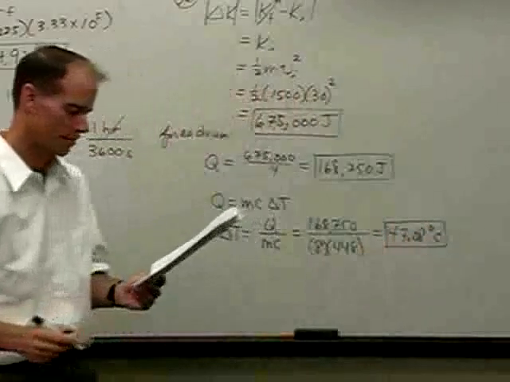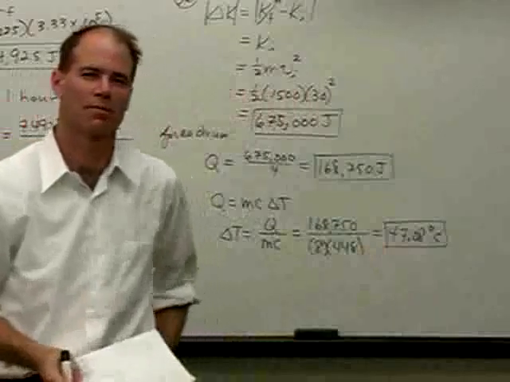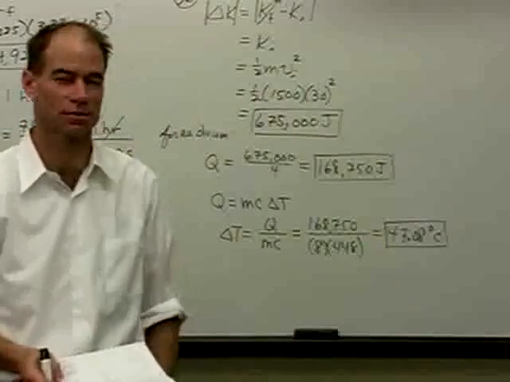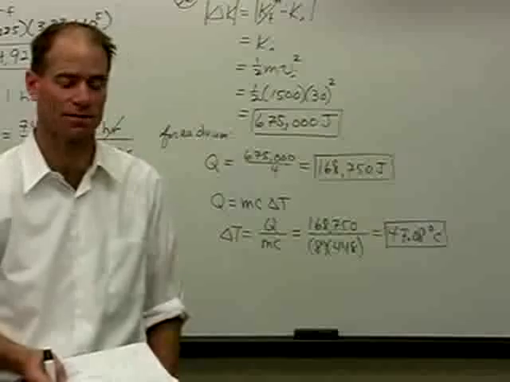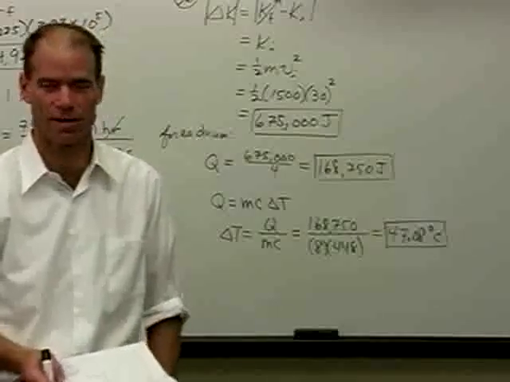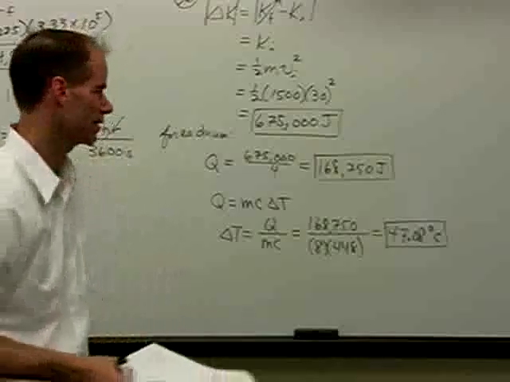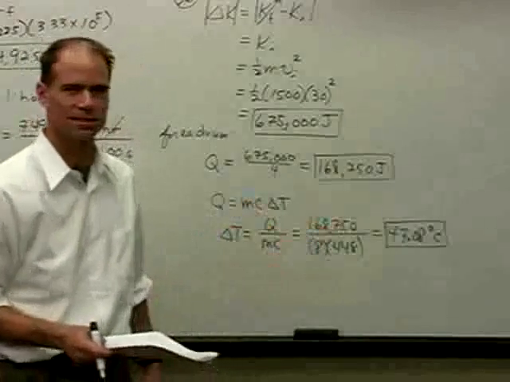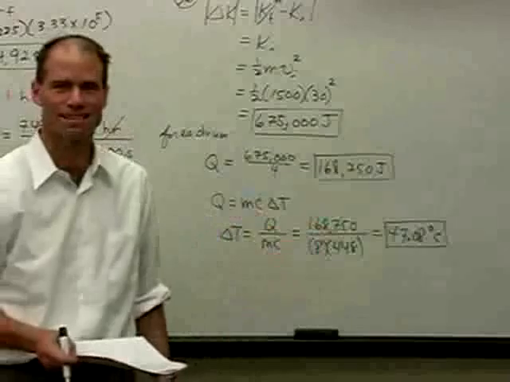So each drum will increase by 47 degrees Celsius, which is a lot, because each degree Celsius is 9/5 of a degree Fahrenheit, almost 2 degrees Fahrenheit. So we're talking about 9 degrees Fahrenheit.